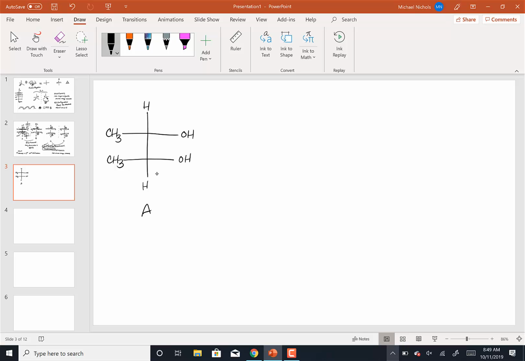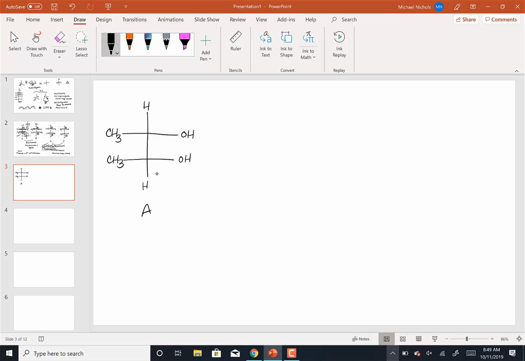Here's molecule A. What I'd like you to do with molecule A is exactly the same thing. Write B and C and D. And then write the R and S configurations for each of the 2 chiral centers.